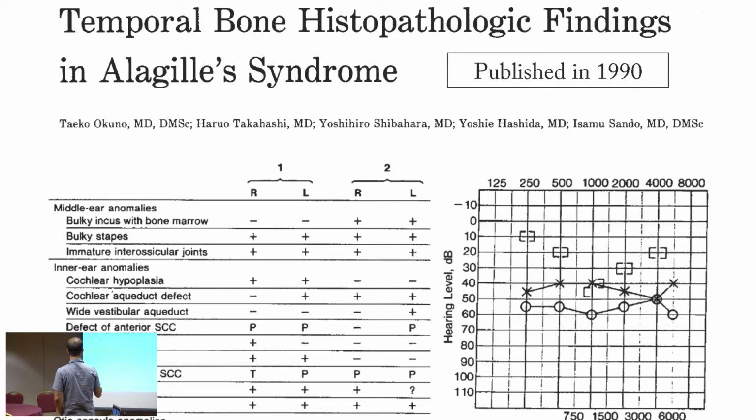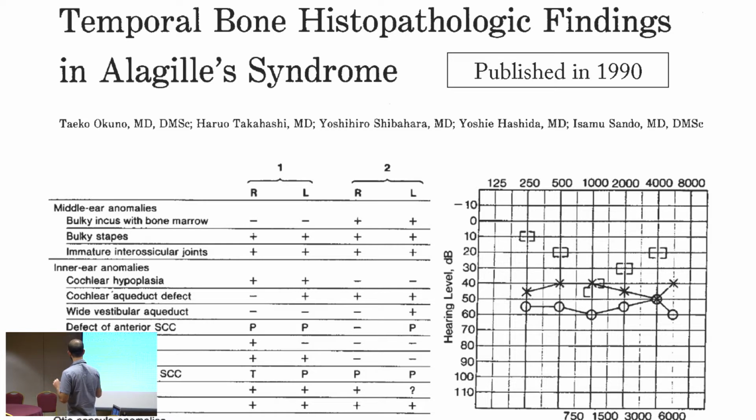And so based on our first fish and then mouse work, we really thought that there could be Alagille syndrome patients out there who had defects in their middle ear bones that could be causing some level of hearing loss, though we didn't really understand how much hearing loss that would be. So we were able to dig up a few older papers.